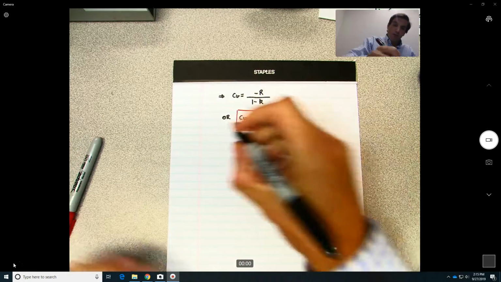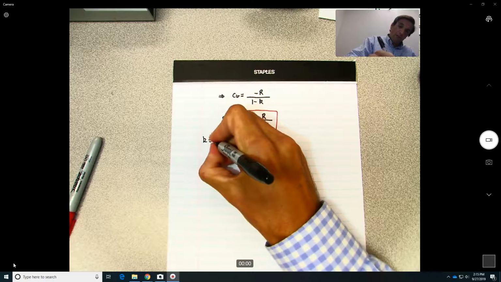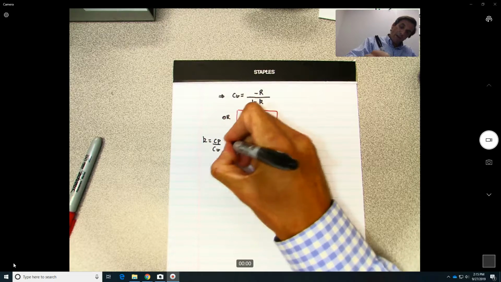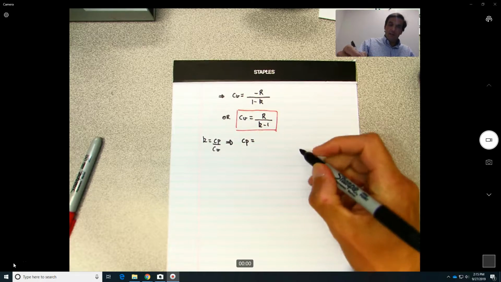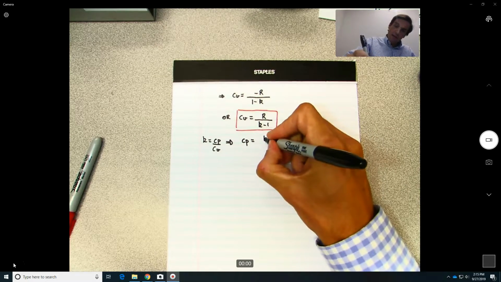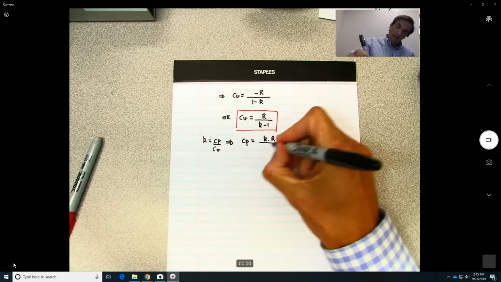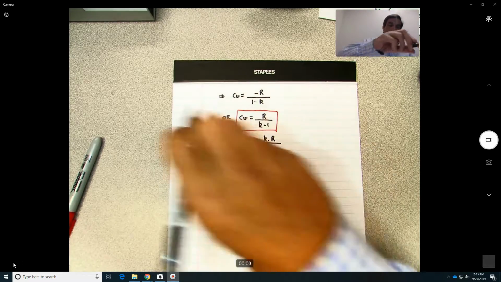And now we go back to the relation k equals Cp over Cv. So another relation, Cp will be equal to kR over (k minus 1).